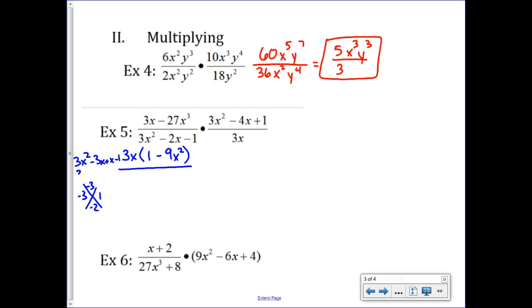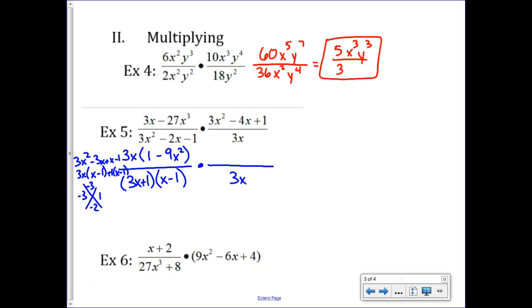So then I have 3x times (x minus 1), plus 1 times (x minus 1). So this is going to look like (3x plus 1)(x minus 1). Okay. Over here, that denominator of 3x is just going to stay 3x.